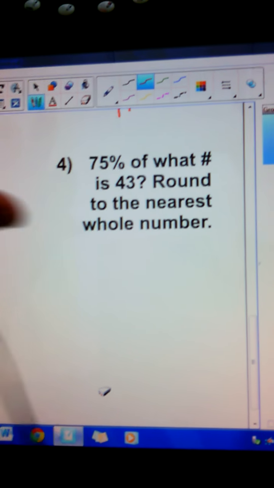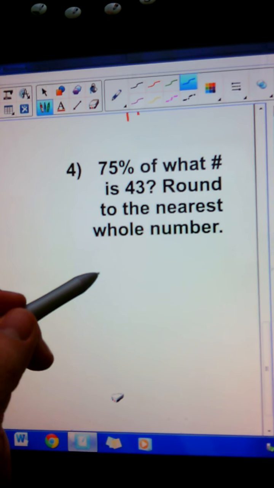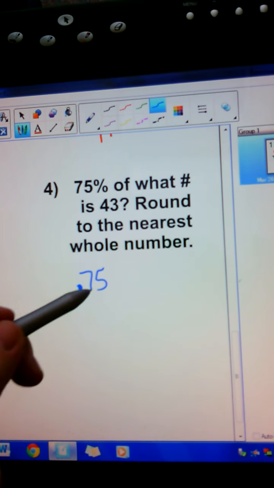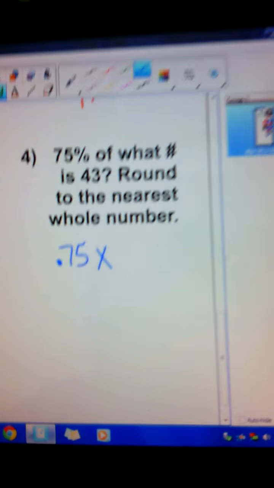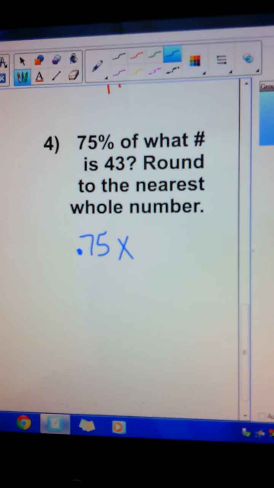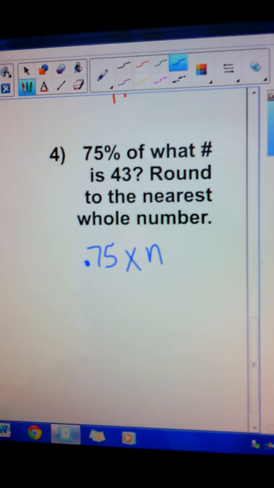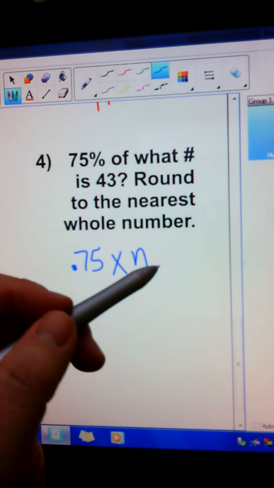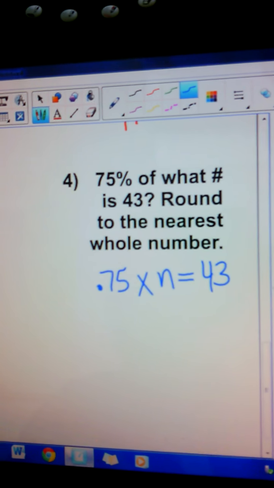All right, so we have 0.75 of is your times symbol. What is what we're looking for, so replace that with your letter. Is your equal sign, and bring down the 43.